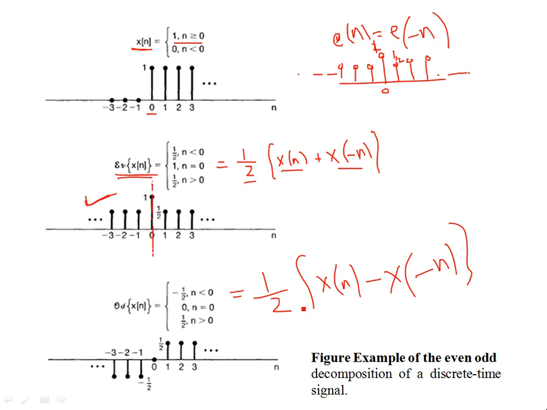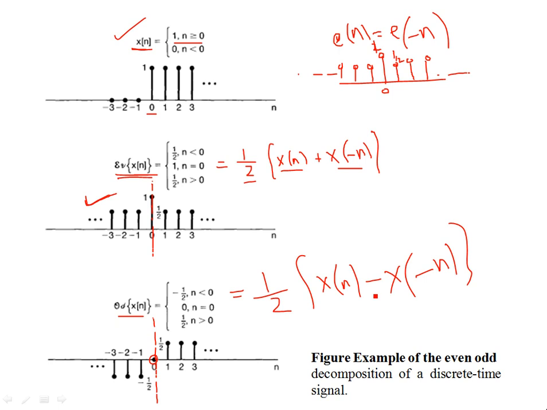So again, you see, if you do this manipulation on this x of n, it enforces 0 at the origin. If you flip the sequence, you produce the same sequence if you multiply it with the negative sign. So this is indeed an odd signal.